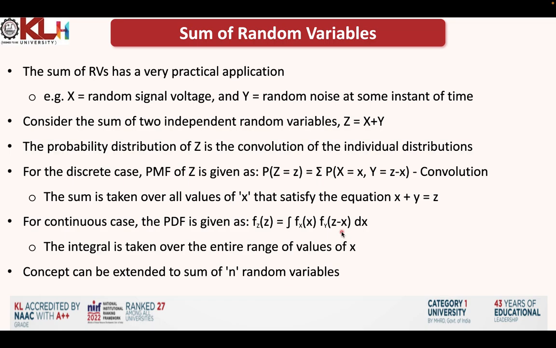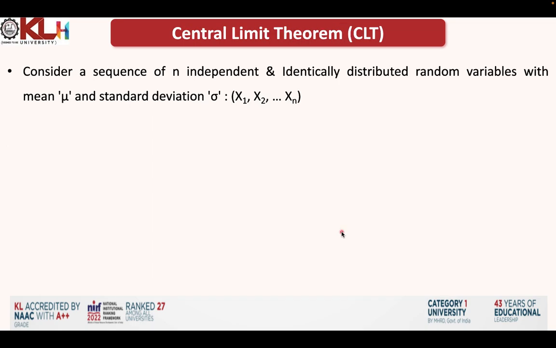Now this concept of the sum of random variables can be extended to n random variables. So it need not be 2, it can be more than 2. And that leads us to the central limit theorem.